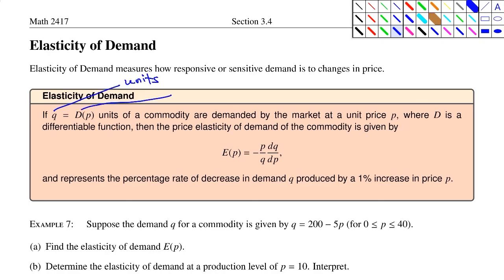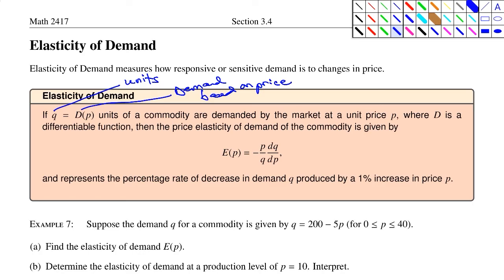D is a demand function, and that's going to tell me how many units are demanded, but the of P part means that it's based on price. So that's just a little translation there for you.